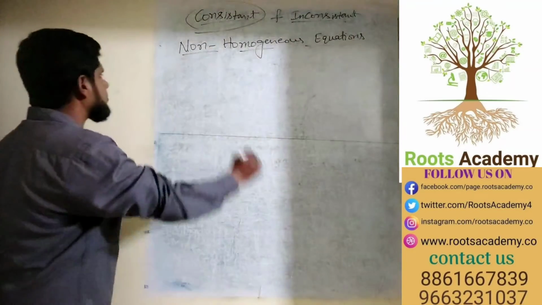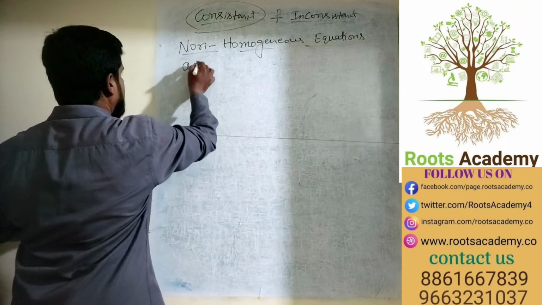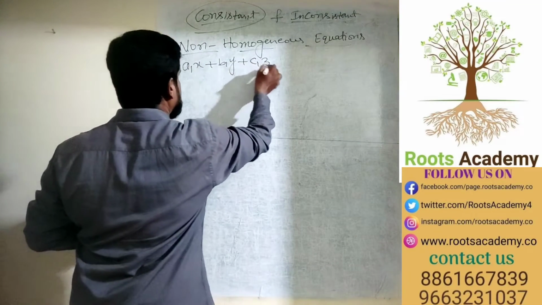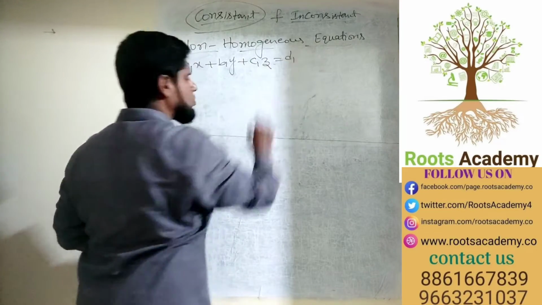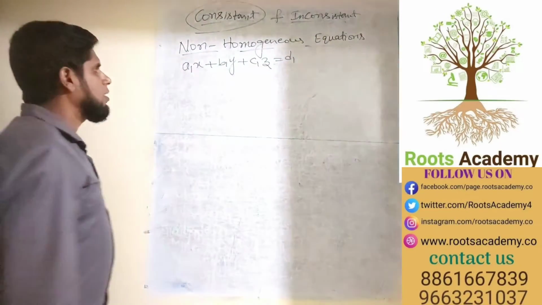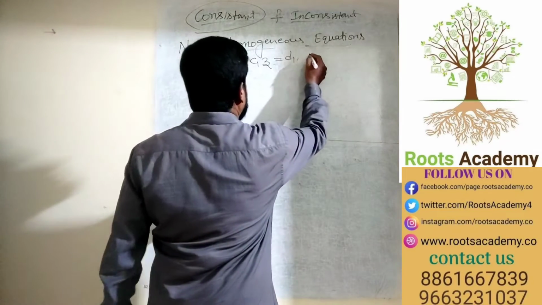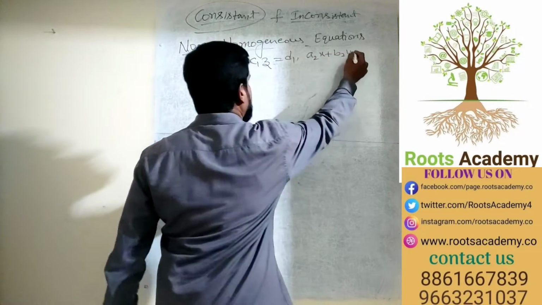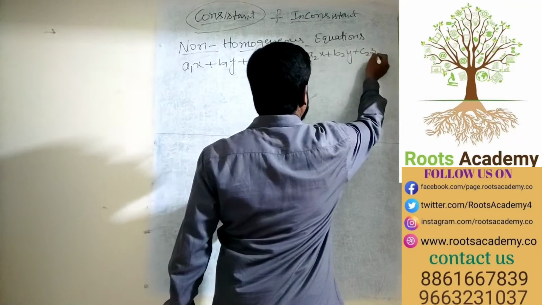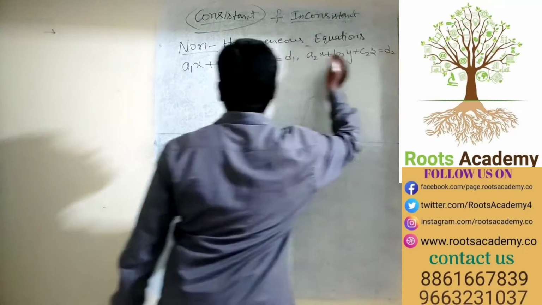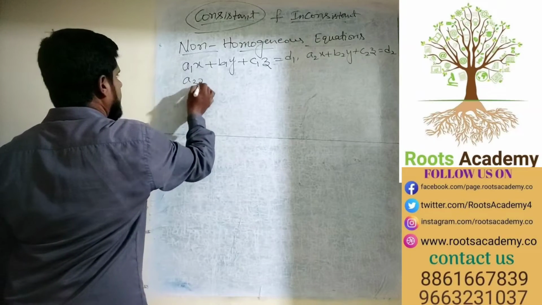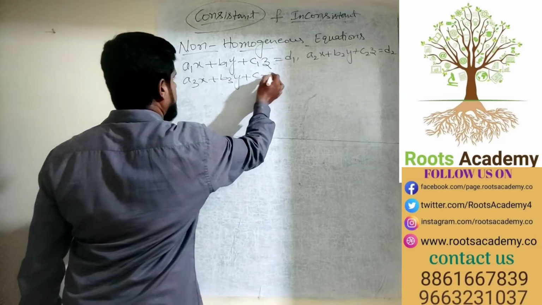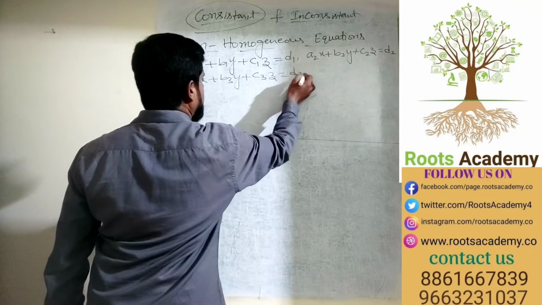Example: a1x plus b1y plus c1z is equal to d1. The next, a2x plus b2y plus c2z is equal to d2, and a3x plus b3y plus c3z is equal to d3.